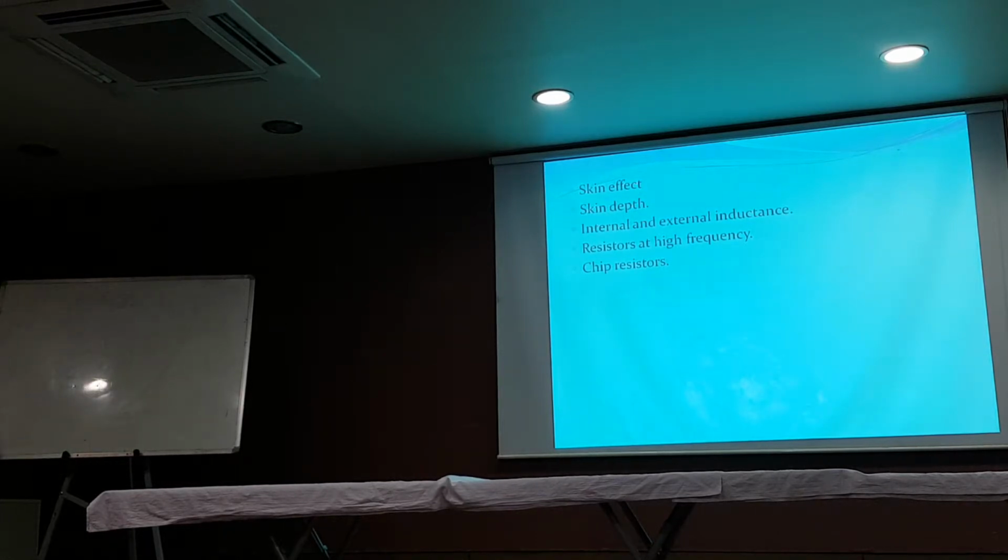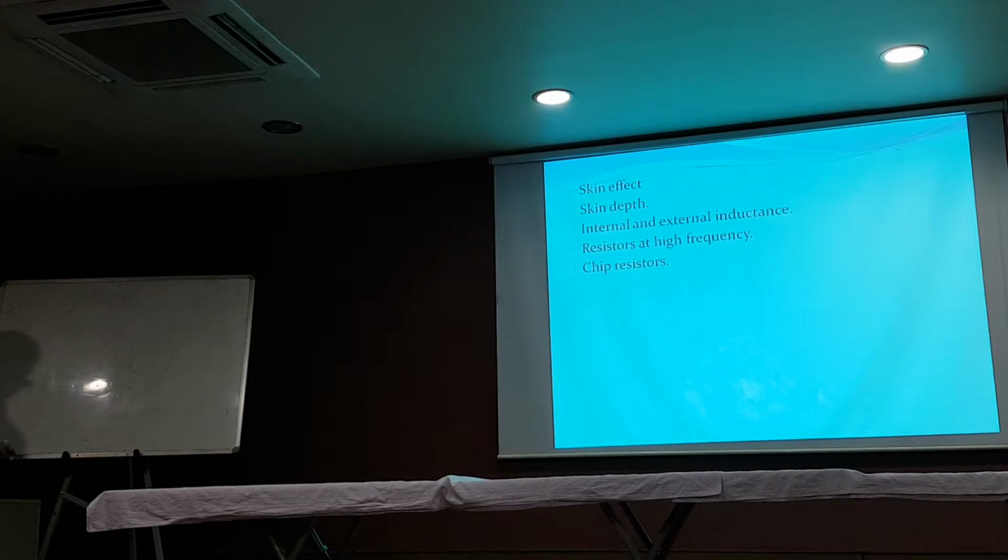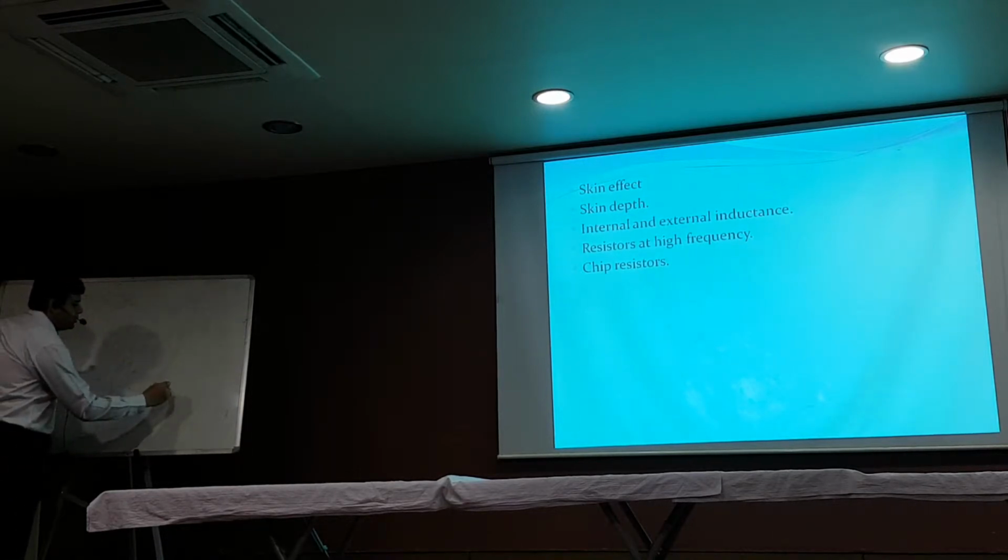This is the basic structure of a chip resistor, and it will have some length L and W, that is the width. This is the length, this is the W, and suppose there is a code over it.